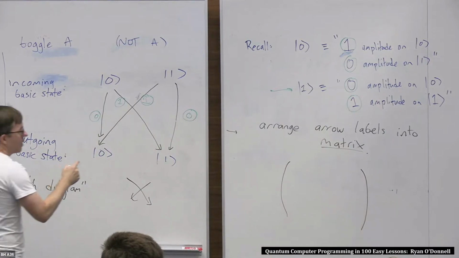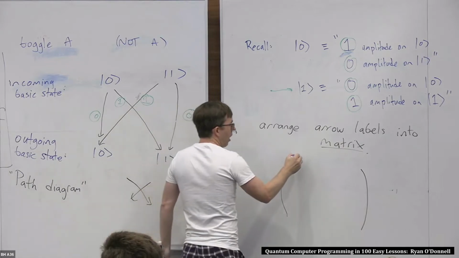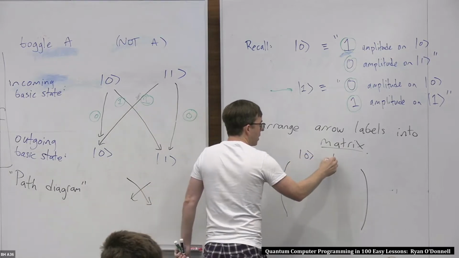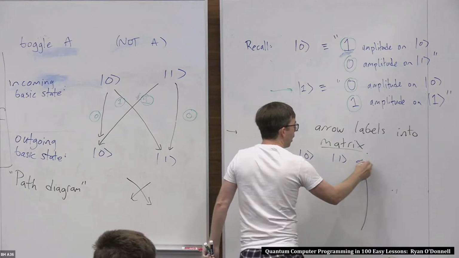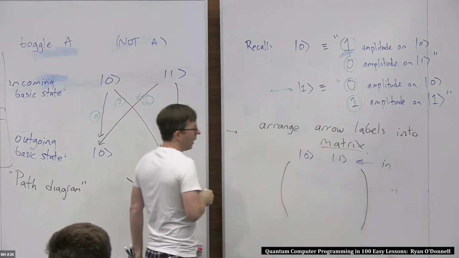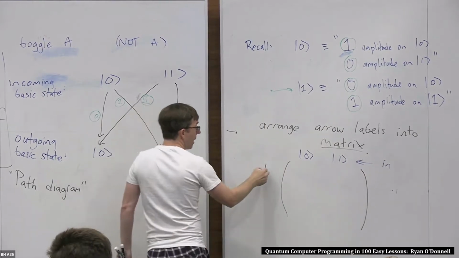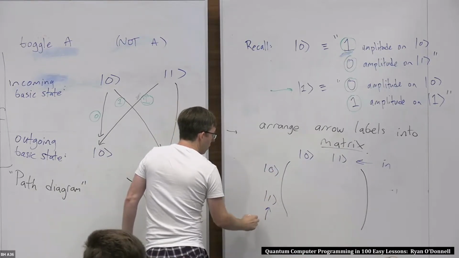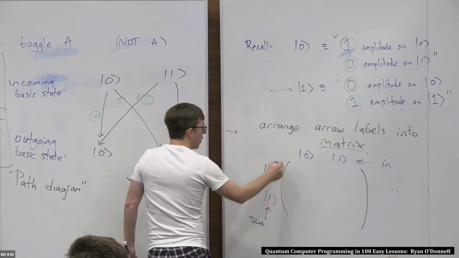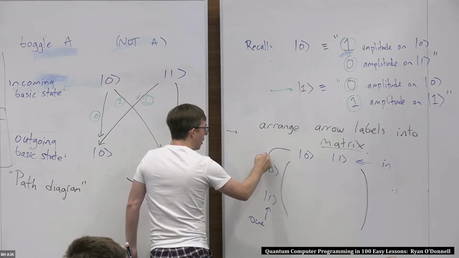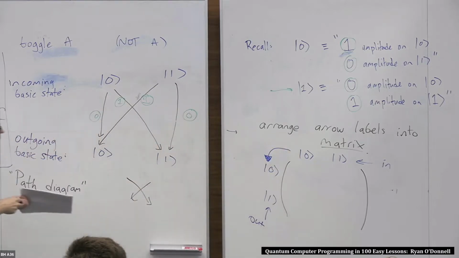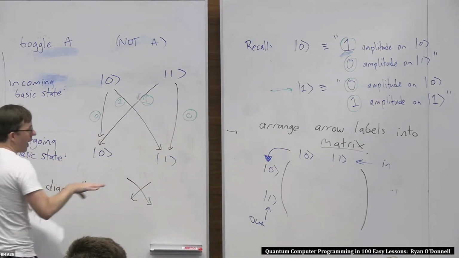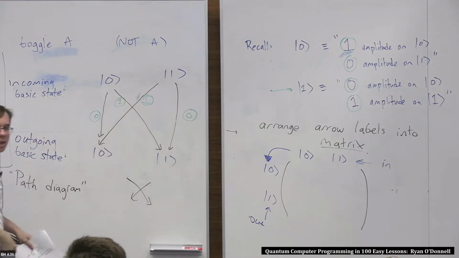The incoming states will always be labeled across the top on the columns. This is incoming. And the outgoing basic states will always be labeled on the rows. So you really think of the action like this. This arrow is from in to out. And then you put the entries in the matrix to record all these edge labels.